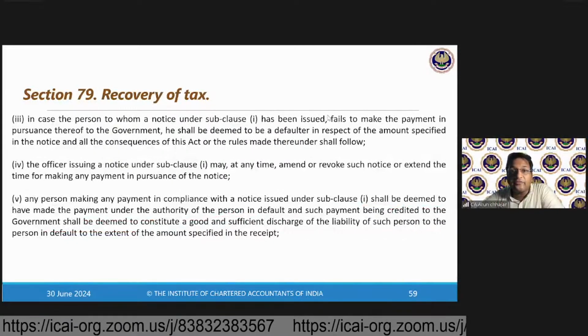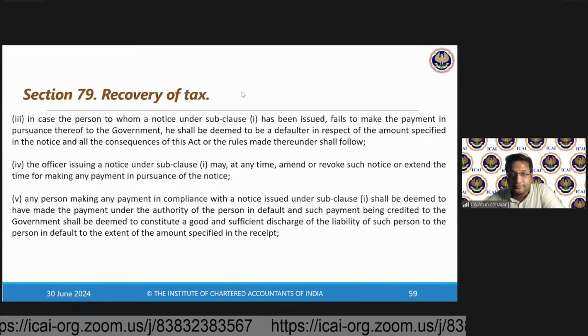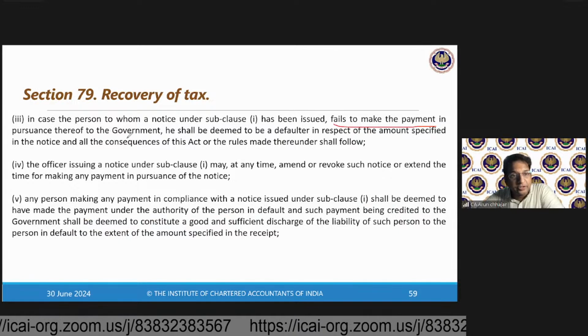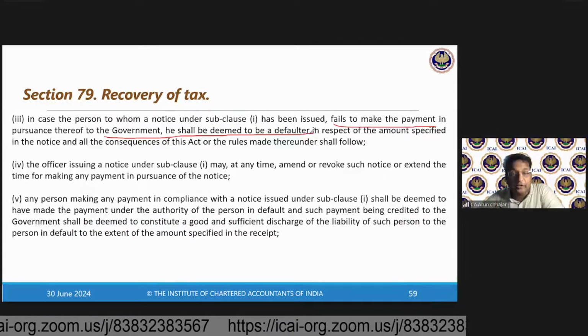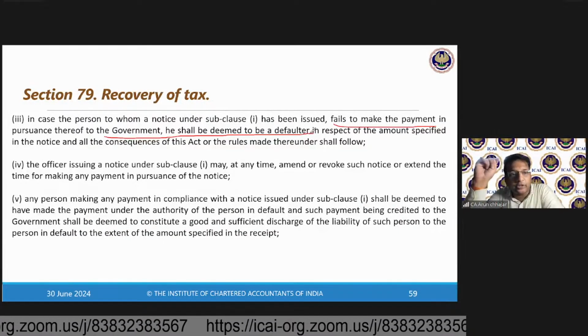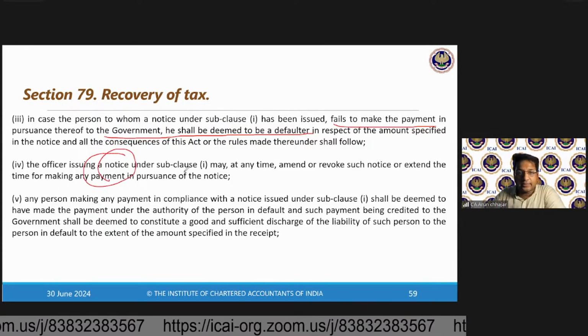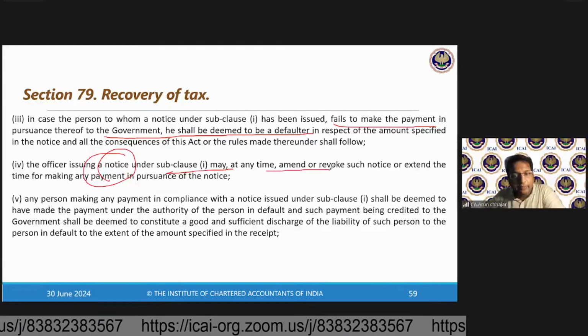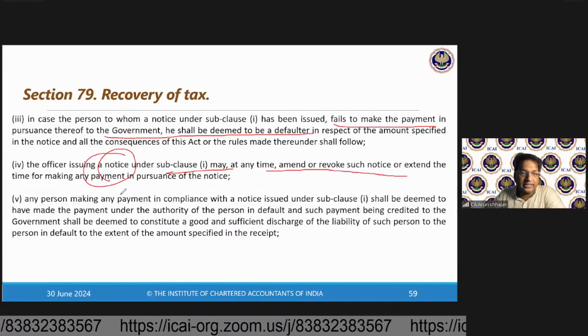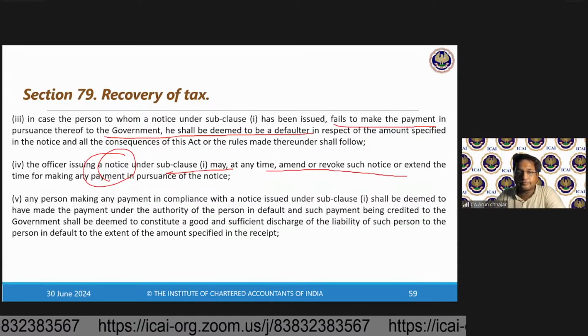Then if they fail to make the payment in pursuance thereof to the government, he shall be deemed to be the defaulter. So now the tenant will be considered a defaulter. The officer issuing the notice under sub-clause 1 may at any point of time amend or revoke such notice or extend the time for making the payment.